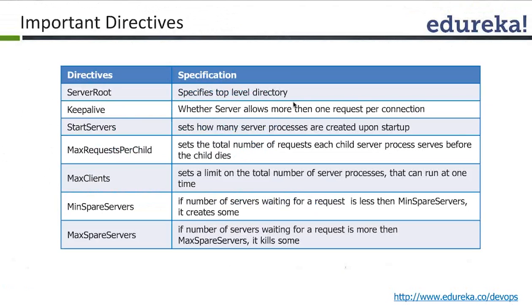Then there is keep alive, which specifies whether the server allows one or more requests per connection. I'm not sure how many of you know this: when I browse through any browser, it is not actually a single connection. There can be multiple connections, which means I'll be opening two different sockets to connect to this particular server, which helps in improving speed.